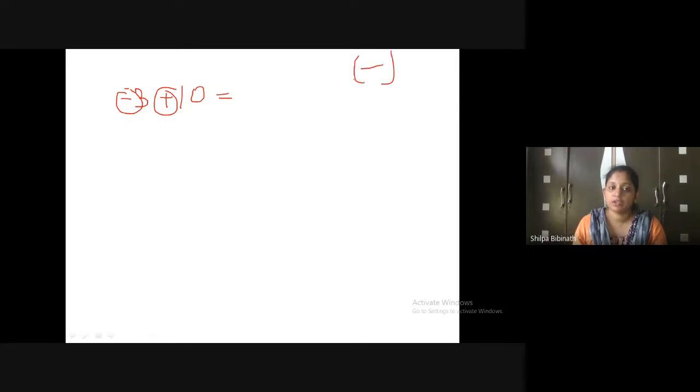So 10 minus 3 is how much? 7. Now check which is the bigger number here. Both are having different signs. We don't know what sign to put. So how to check? See the bigger number. Which is the bigger number here? 10. What sign is 10 having? Positive, isn't it? It is plus. So the answer will also be positive.